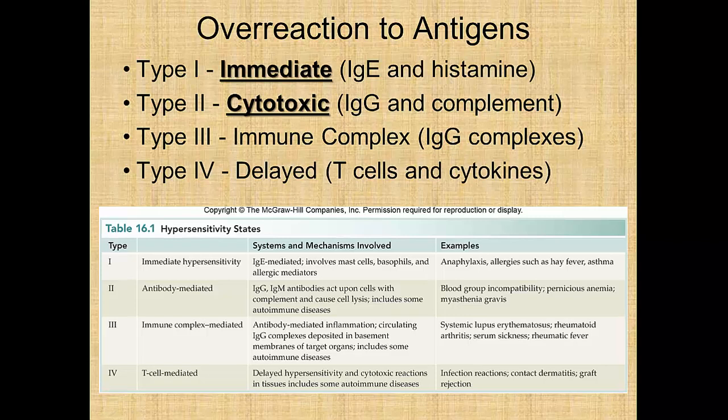And what's happening here is it's actually very similar to a type 2 in that you have an antibody binding to an antigen and causing a reaction. The difference is a type 3 doesn't actually bind to a cell. I misspoke there. It involves the antibodies binding to an antigen, but not to a cell, but rather to free-floating antigen.